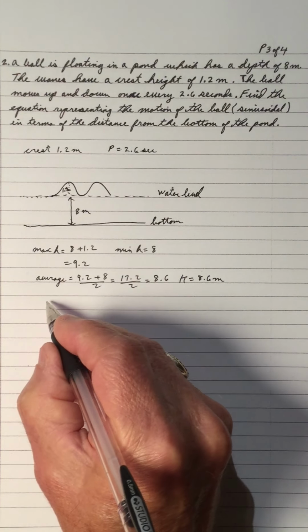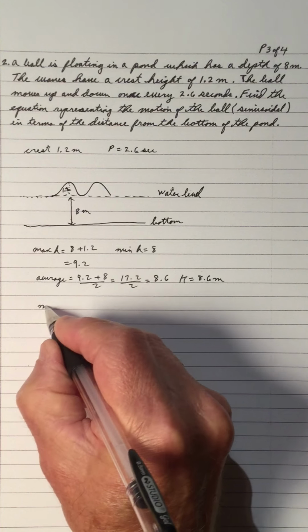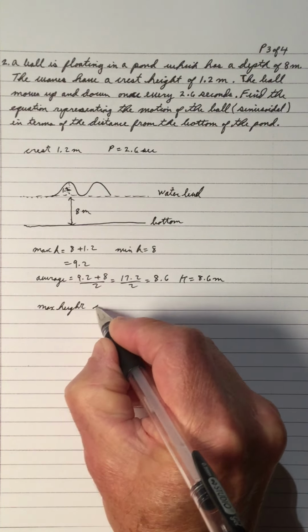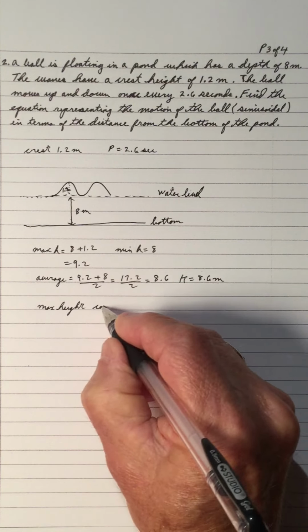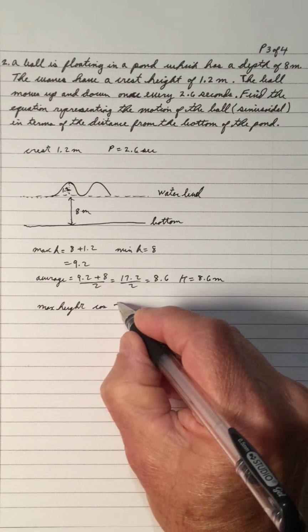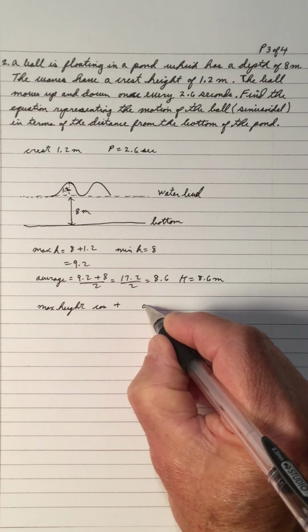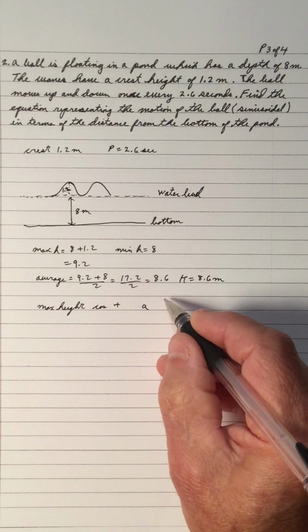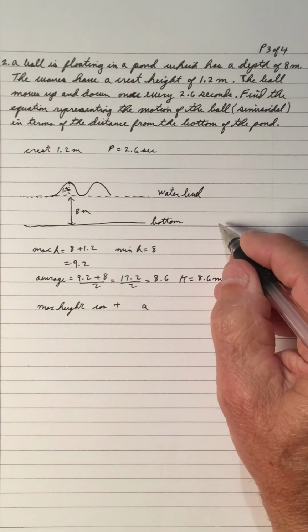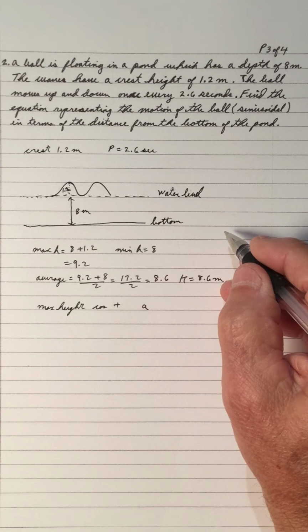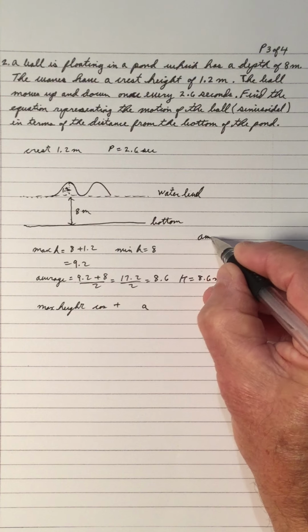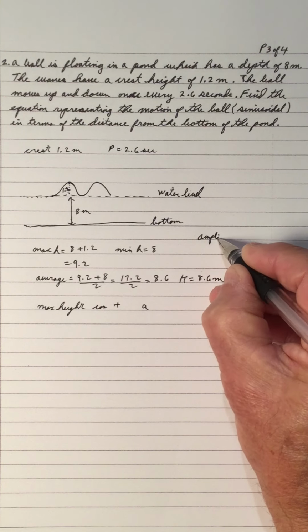So we have a maximum height. That means we have a cos graph, and if the maximum height is coming down, that means we have a plus. So A is its amplitude. Oops, I didn't get its amplitude, so let's go and get it.